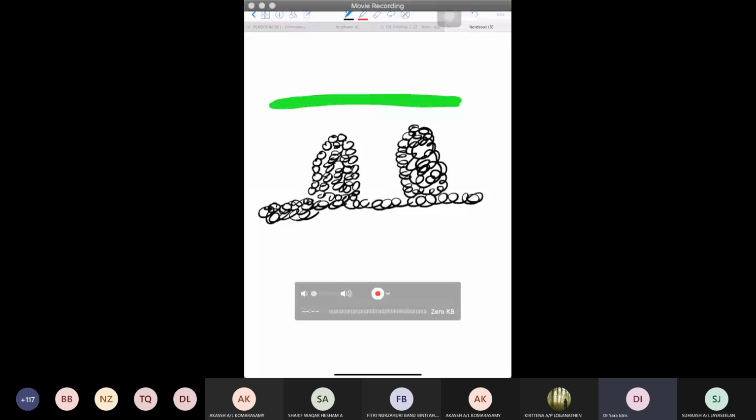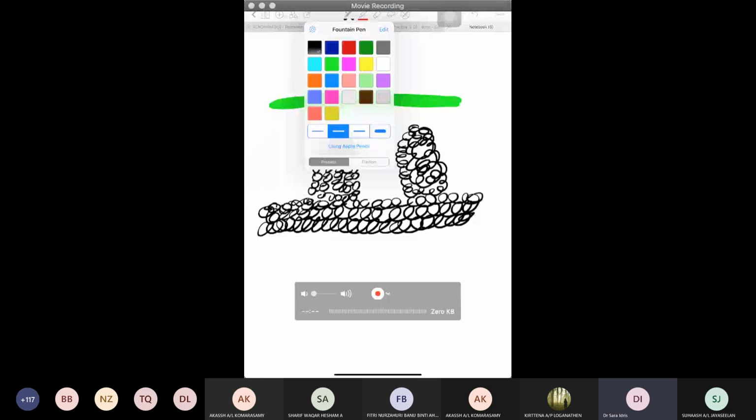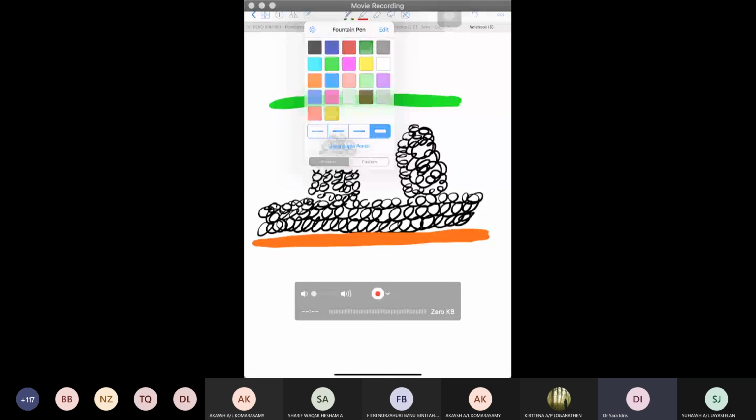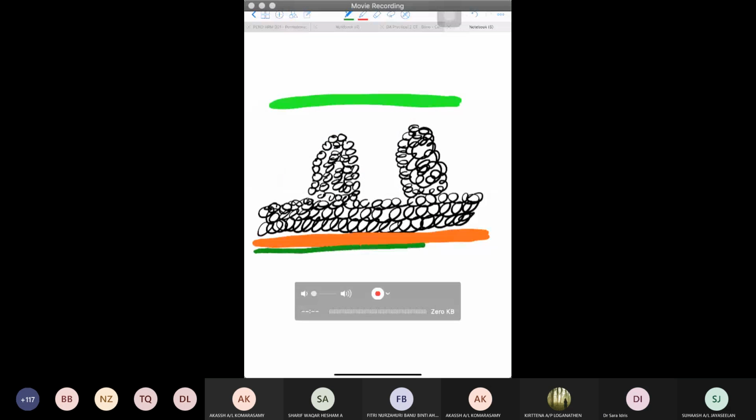Underneath the cytotrophoblast, you're going to have the chorioamniotic membrane. So you have the one in orange, that's part of the extra-embryonic mesoderm, and then you're going to have your amniotic layer. So these two are your amniochorionic membrane.